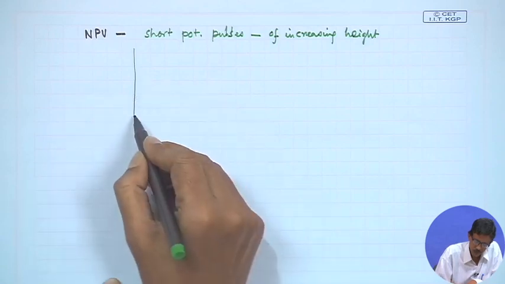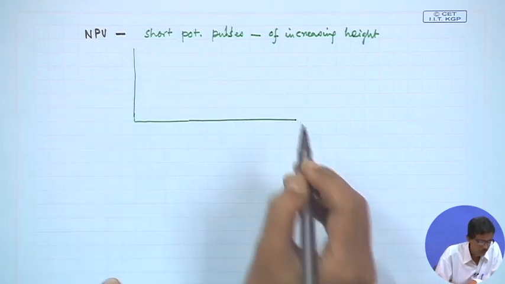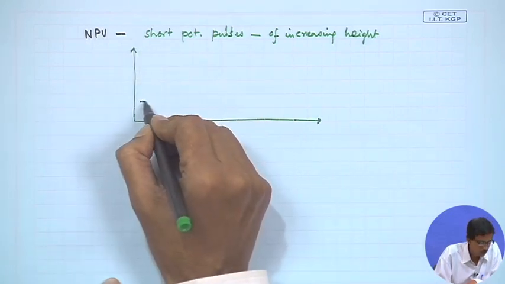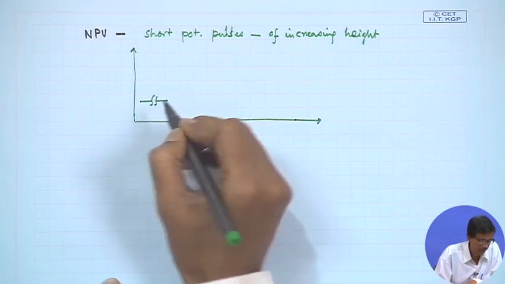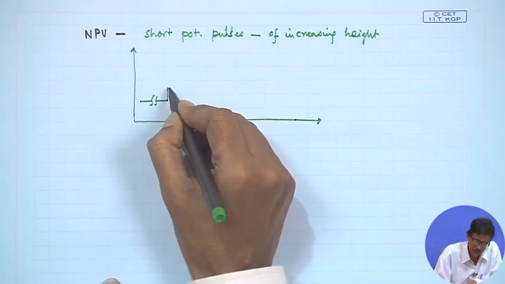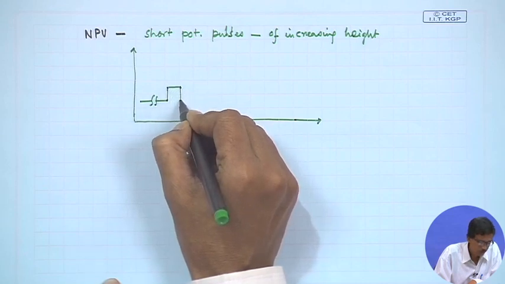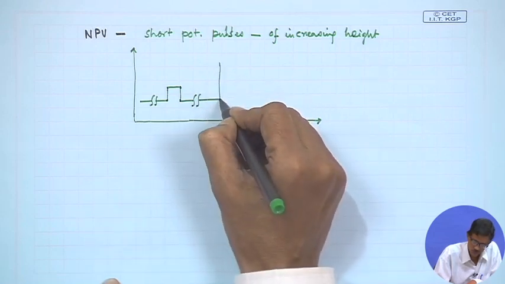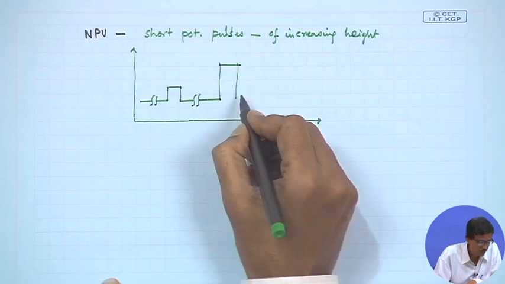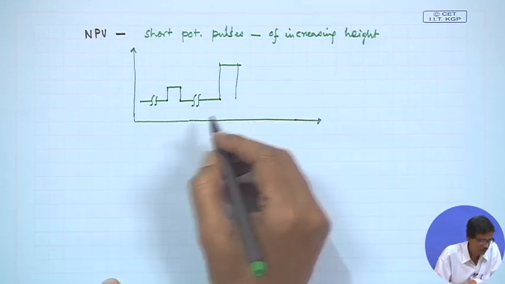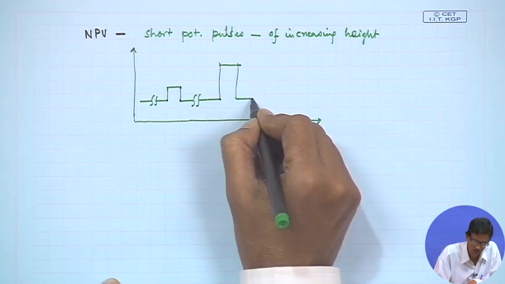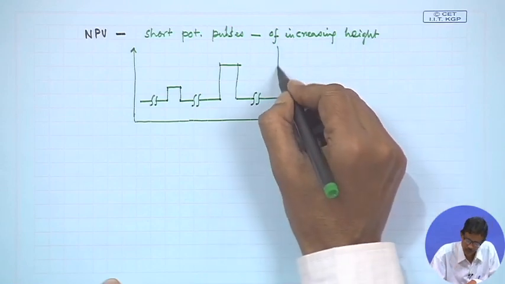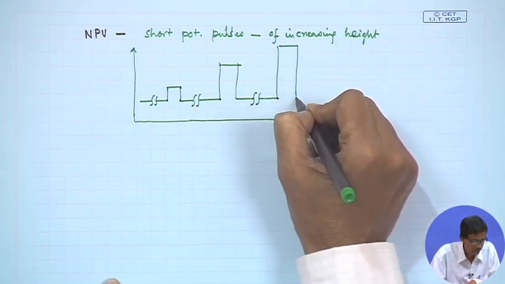We should know about the nature of these. The height is increasing, but this particular time axis is not changing. That means the time width for these different pulses is the same, only the strength of these pulses is changing.